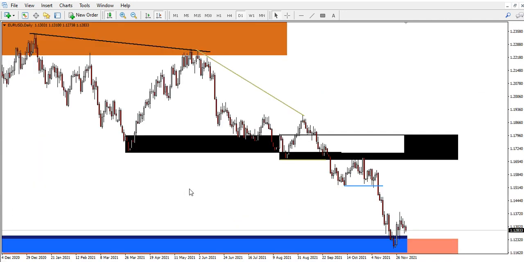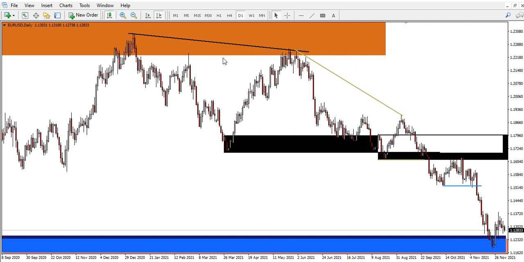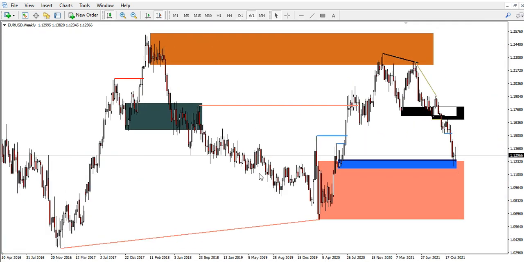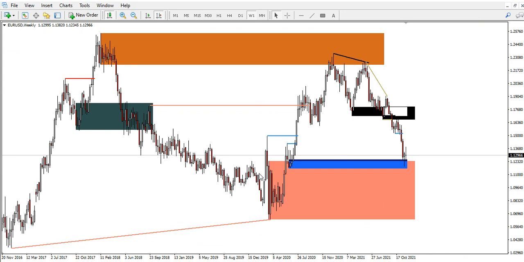And then on Euro USD, if you take a careful look, USD ZAR and Euro USD somehow have some similarities. Why do I say that?